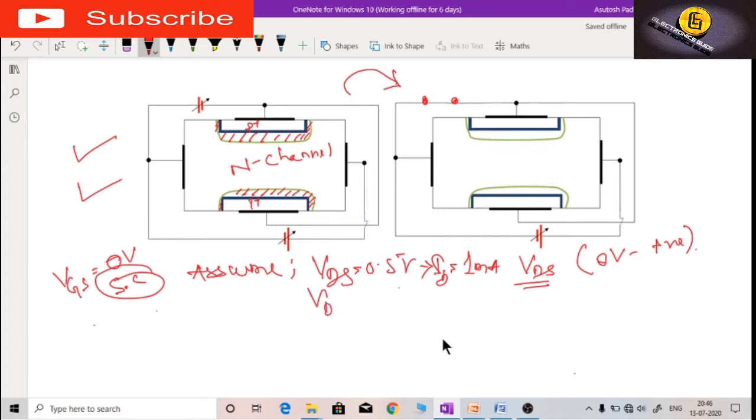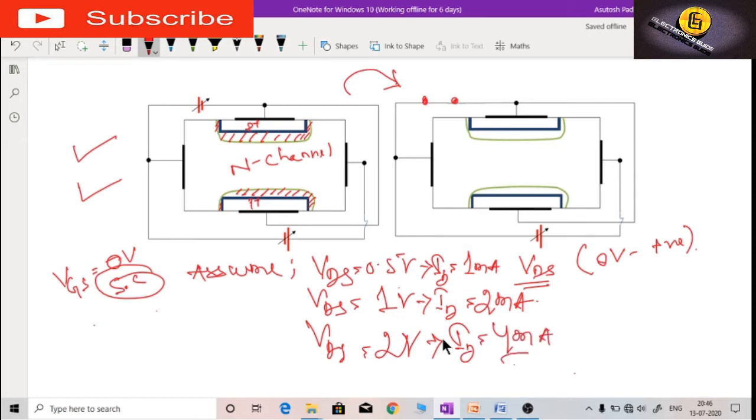If we increase the VDS value from 0.5 volt to 1 volt, then the ID will also increase and become 2 milliampere. If we further increase VDS to 2 volt, then ID will also increase and become 4 milliampere.